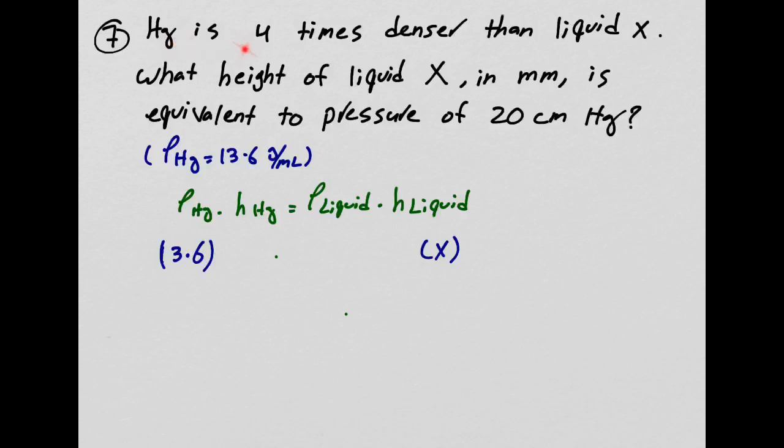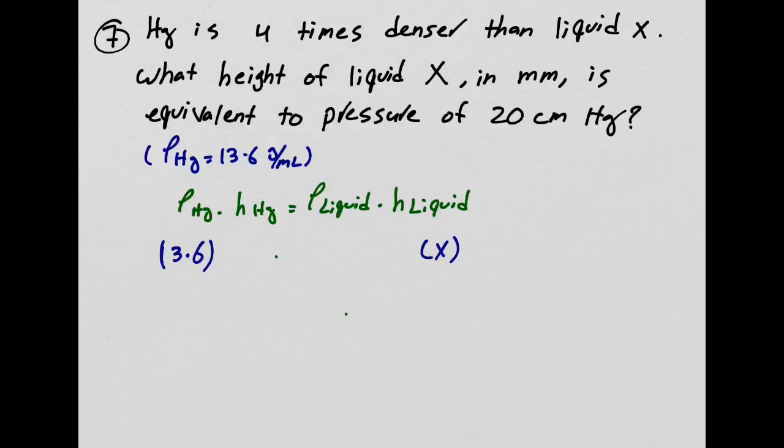Mercury is 4 times denser than liquid X. So I have a density of mercury, but the liquid is 4 times less dense. What height of liquid X in millimeters is equivalent to a pressure of 20 centimeters of mercury?